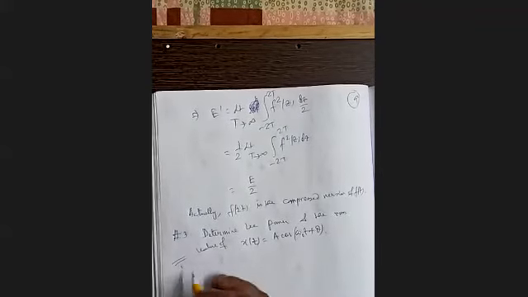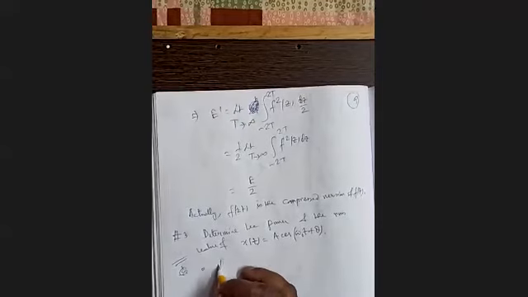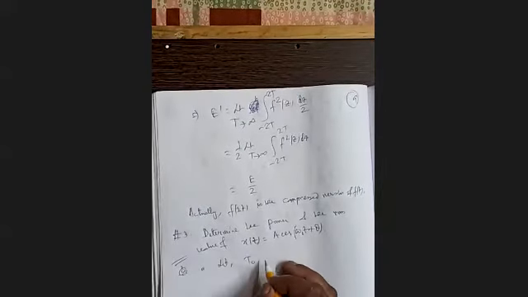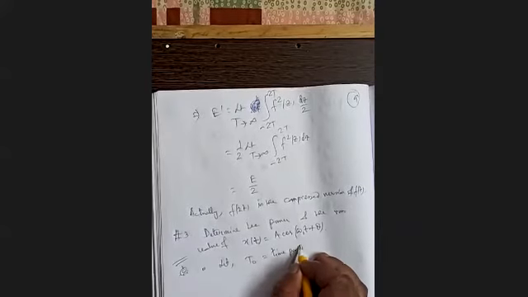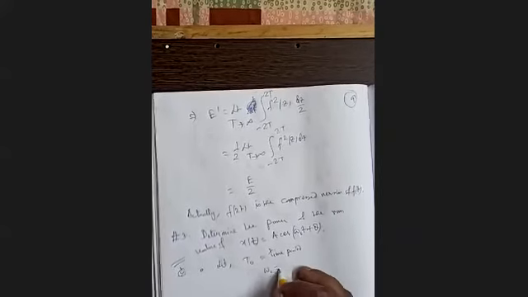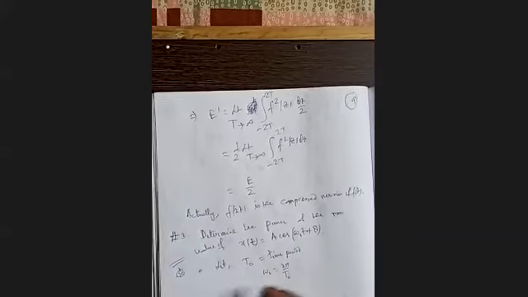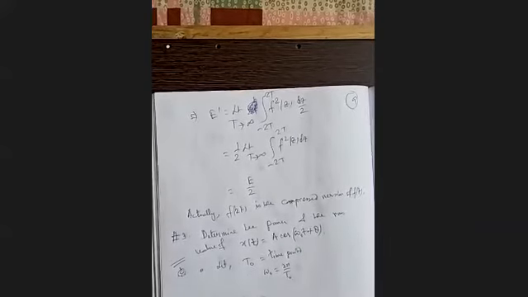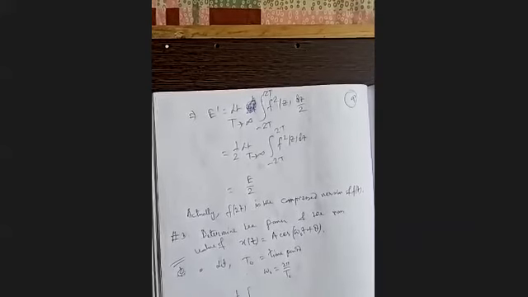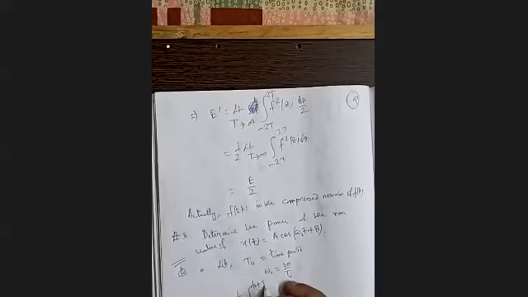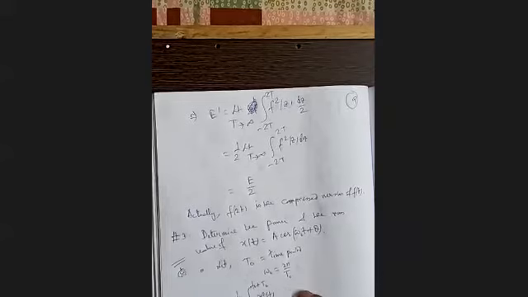Now let T0 equal to time period of the signal. Therefore, our omega 0 equal to 2 pi by T0. So the power is 1 by T0 integration, taking any initial time t0 to t0 plus capital T0, x square t dt.